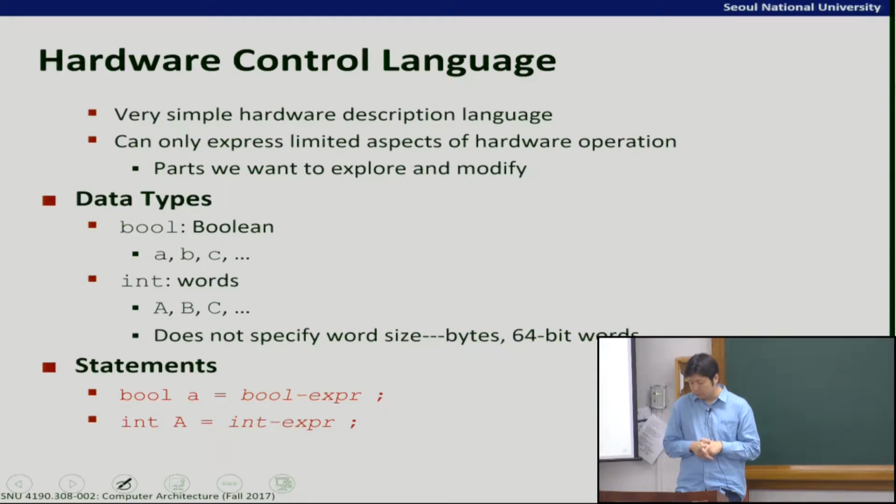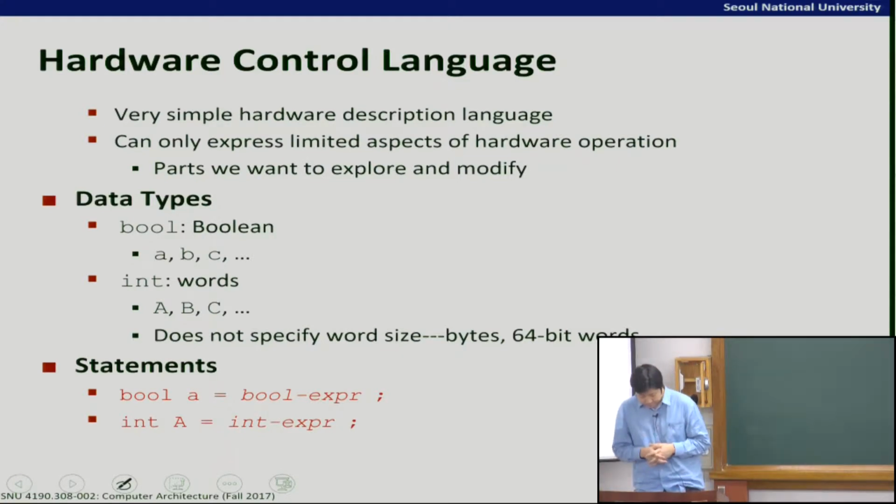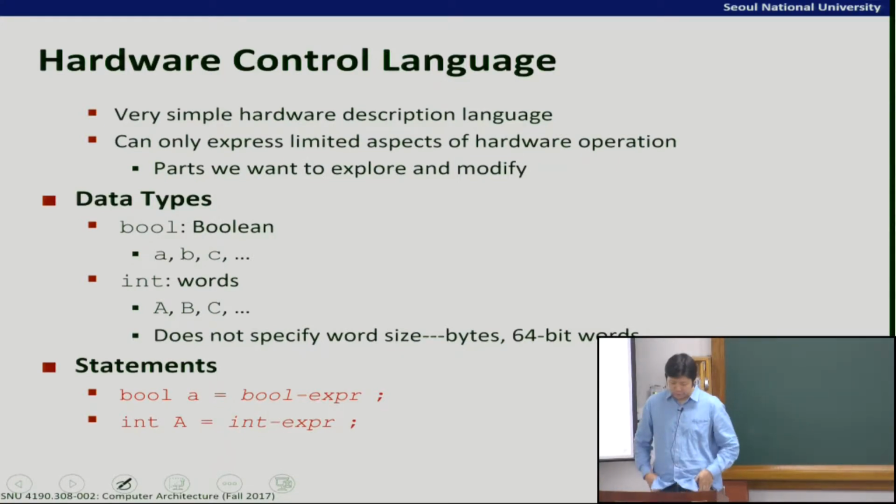By convention we use uppercase A, B, and C for word data. So the statement is: Boolean, small a is some Boolean expression, and integer, uppercase A is some integer expression.